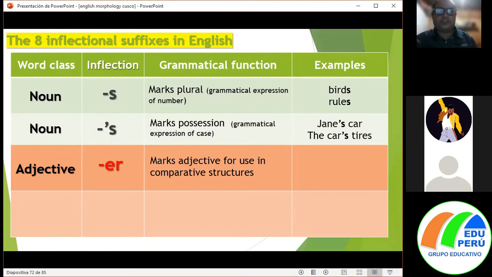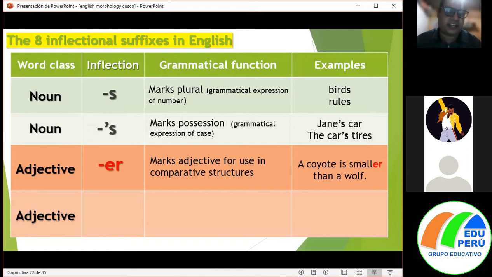We are going to use this to compare two things, two people, two places, and also two actions when we talk about adverbs. A coyote is smaller than a wolf. Notice here, this is an inflection. Remember, this is an inflection.